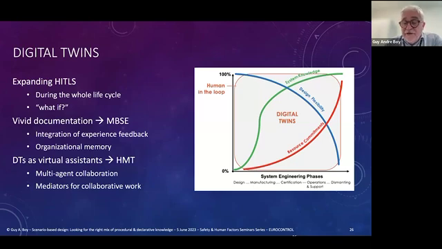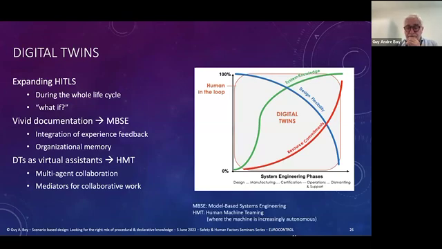I've been working on this with the French Air Force, and in fact, the digital twin could be used as an augmented system for the human, and that collaborates with the human. So this is about multi-agent collaboration. So in fact, we are developing this kind of thing as well.